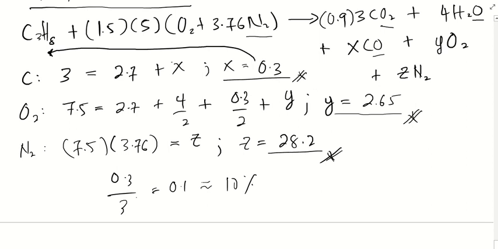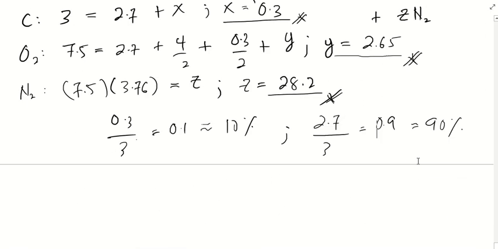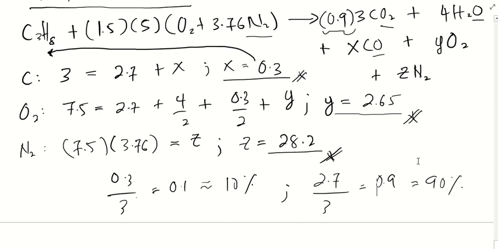Even you can check with this one as well: 2.7 divided by 3, and you're going to get 0.9, which is 90%. So 90% of carbon become carbon dioxide, 10% of the fuel carbon become carbon monoxide.